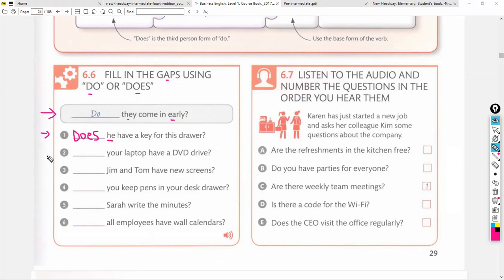Thank you so much. Two, your laptop have a DVD drive. Does your laptop. Bravo, because laptop is a singular noun. Thank you so much. This is the singular noun. Now three, Jim and Tom have no screens.